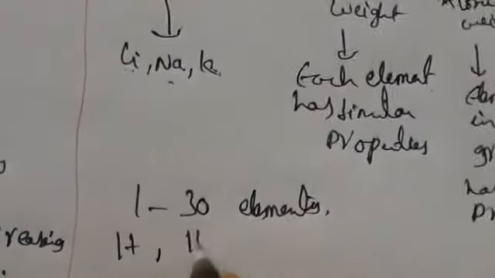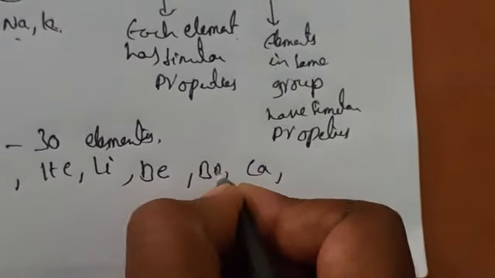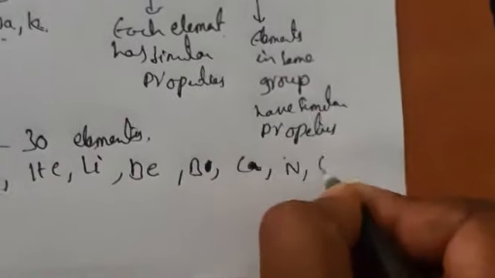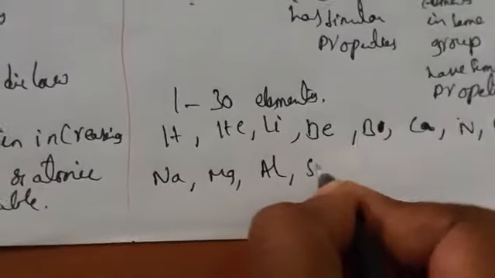So let us see the 1 to 30 elements: hydrogen, helium, lithium, beryllium, boron, carbon, nitrogen, oxygen, fluorine, neon, sodium, magnesium, aluminium, silicon, phosphorus, sulfur, chlorine, argon, potassium and calcium. These are the 1 to 20 elements we studied in previous classes.